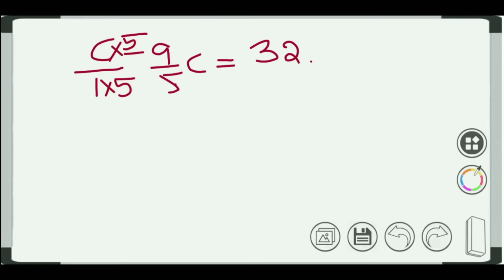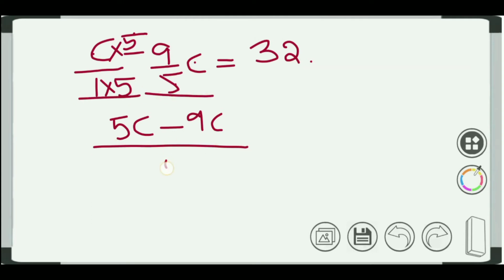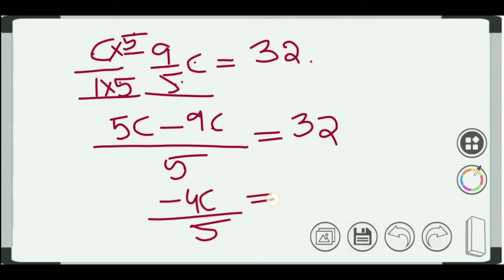Into 5 to make the denominator same. 5 into C, 5C minus 9C. Denominator is same, 5. So I can write 1 by 5 common. 5C minus 9C, 9 minus 5, 4, minus 4C divided by 5 equal to 32.